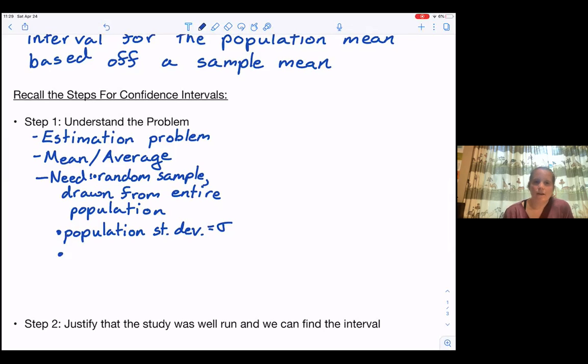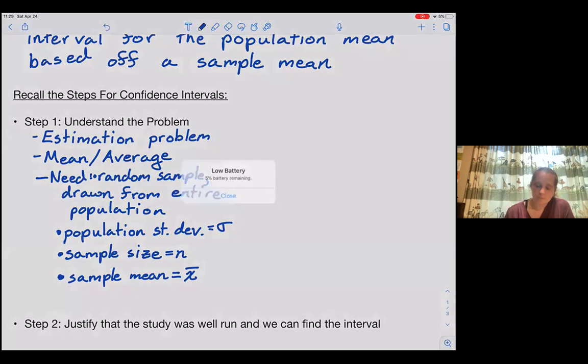We'll need a sample size, which is n. And we will need a sample mean, which will be x bar. And then we'll need a confidence level.